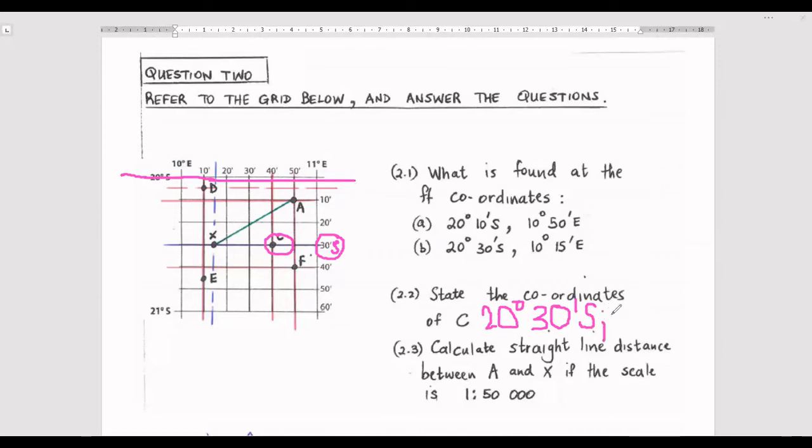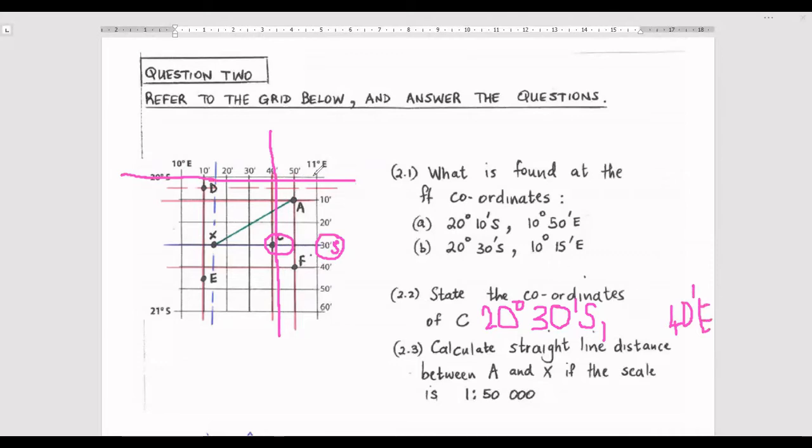Semicolon, there it is, right? Now we want its longitude value. There's your 40-minute line. So it's 40 minutes. Remember, it's 40 minutes east.